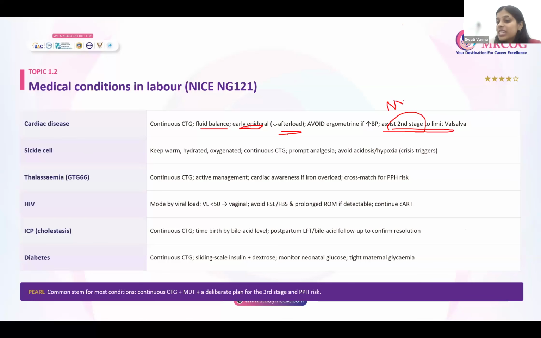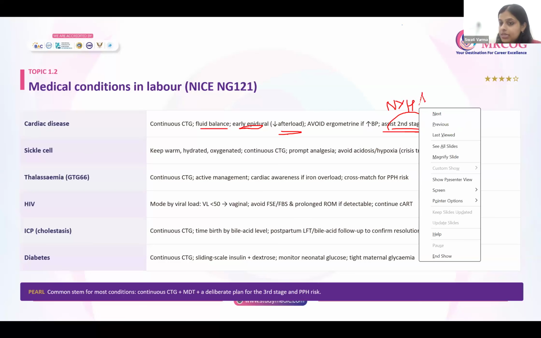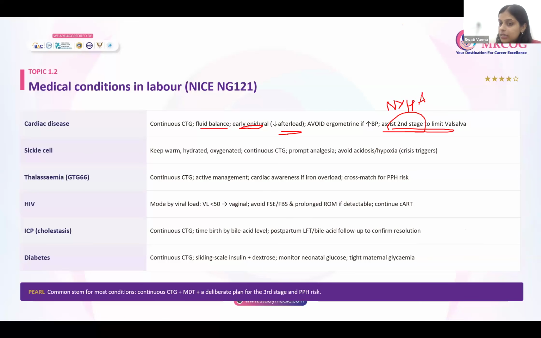That is, if she seems to be decompensated, if she seems to be in real distress, or if she is asking for assistance because she is really exhausted, then only shorten the second stage of labor through assisted vaginal birth. Otherwise, allow her to deliver normally. Means no need of routine shortening by instrumental birth unless otherwise indicated because of routine obstetric indications.